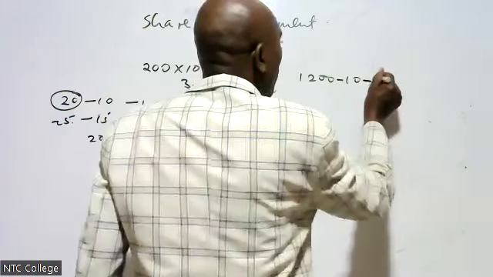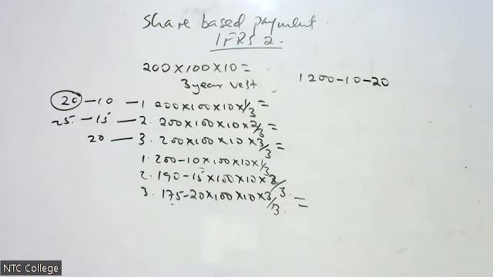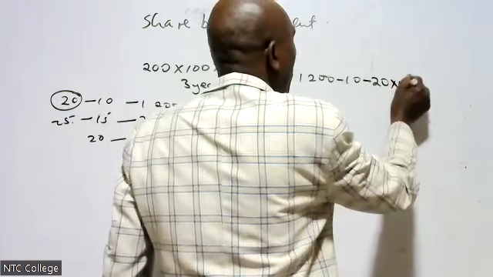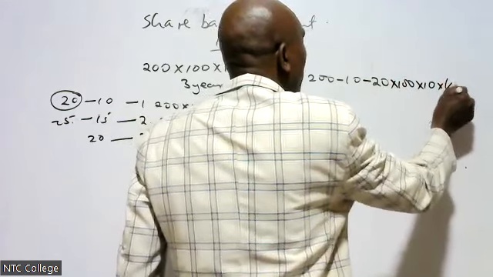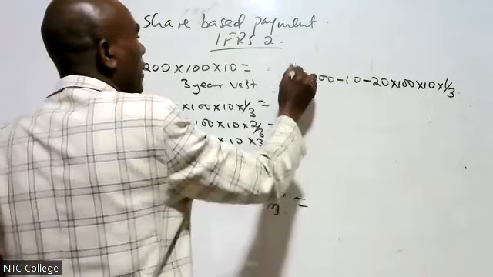Therefore, here I'm going to put the estimate of the employees who are leaving in year 2, as I estimate that 20 employees will leave. And then I multiply by 100, I multiply by 10, I multiply by 1 over 3.